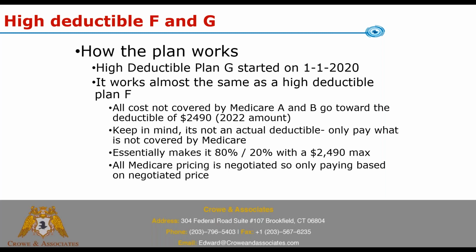But that's not how it works with the high deductible G or F. The $2,490 is really an out-of-pocket max because when you're on a supplement, Medicare covers what they cover. Medicare is going to cover, for example, on Part B, 80% after you pay your Part B deductible. And the insured is going to pay the 20%, and it's that 20% that goes towards the $2,490.